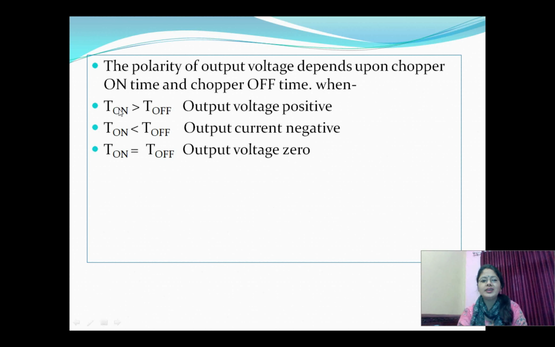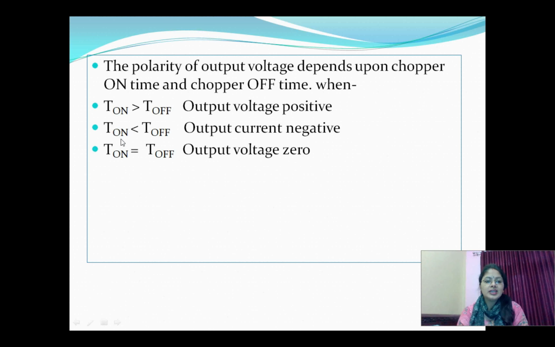First one is when T on is greater than T off. Now, what is T on? T on is the on period of the chopper, and T off is the off period of the chopper. Means when the on period of the chopper is greater than the off period, the output voltage is positive.